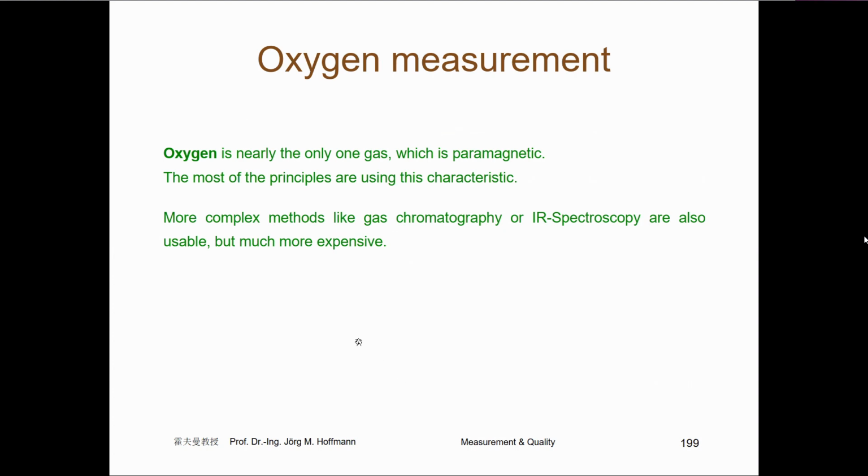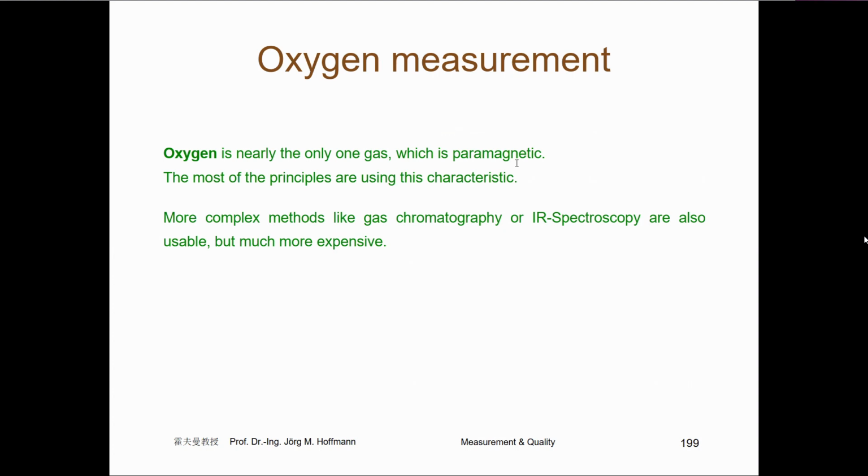Let me say, oxygen has one special behavior which is used for measurement. That is that oxygen is nearly the only gas which is paramagnetic. All other gases are not magnetic.